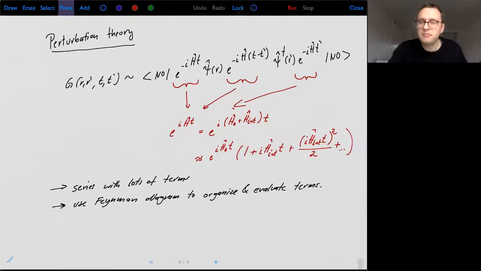The non-interacting Green's function we can calculate, so we can handle the system without interaction, and then we simply do a Taylor expansion in the interaction Hamiltonian, and as you can see, that will generate a lot of terms that we then need to evaluate. In principle, each of these terms is relatively straightforward to evaluate, but the problem is organizing all of these terms, and that's where I told you these Feynman diagrams come in. So we'll start with looking at these Feynman diagrams.